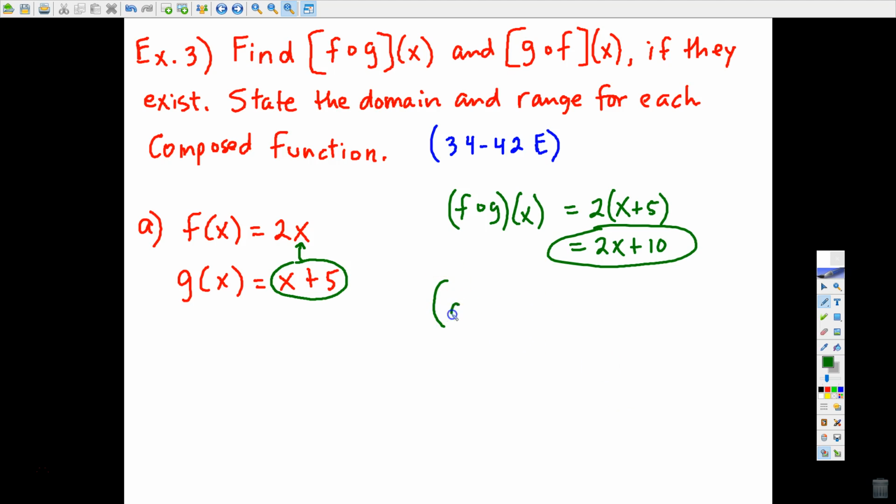Going the other way, now we're taking the f function. Let me erase my green line here.